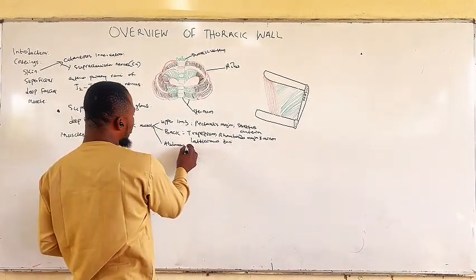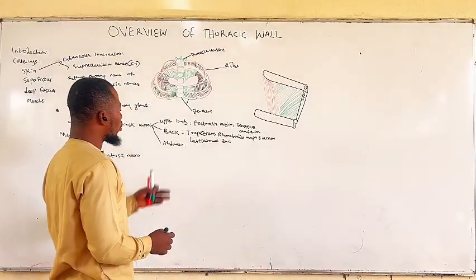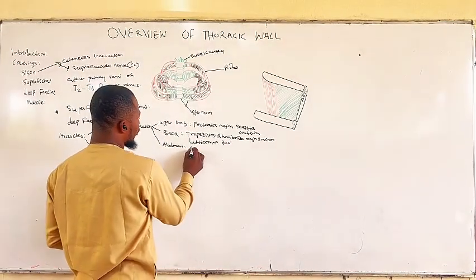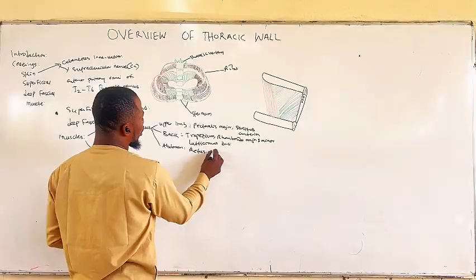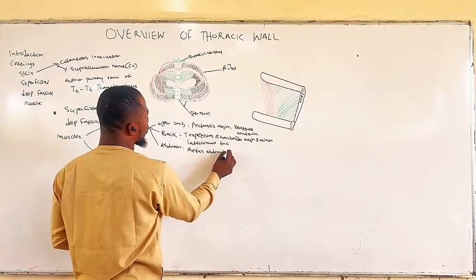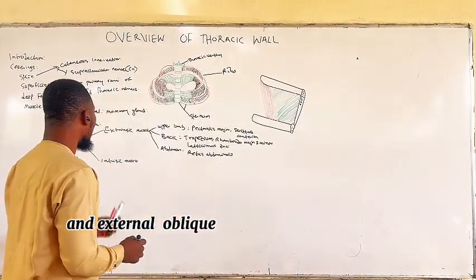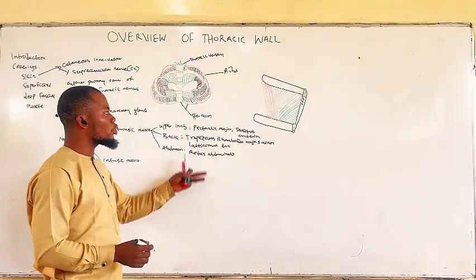However, the muscles of the abdomen which we can see in the thoracic wall region include rectus abdominis and the rest. So these muscles are the ones that form the extrinsic muscles of the thoracic wall.